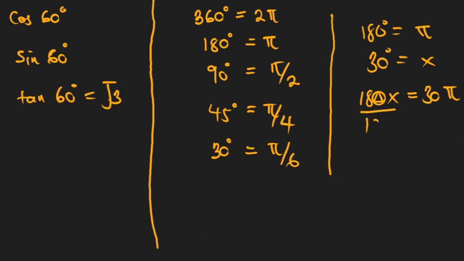Since I'm looking for x, I divide through by 180. This cancels. So my x will be equal to, 3 goes into 18 6 times, so I get pi over 6. So that's how we can switch from radians to degrees and vice versa.